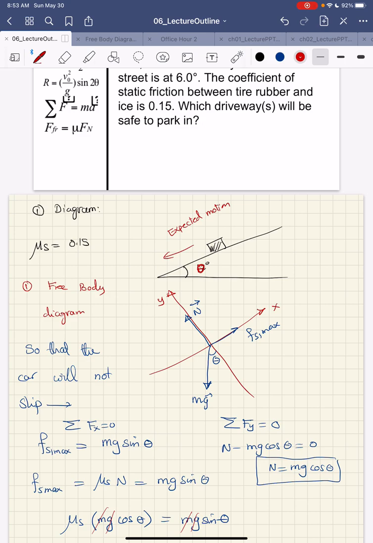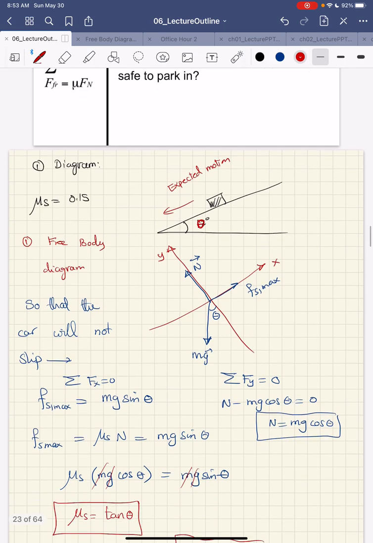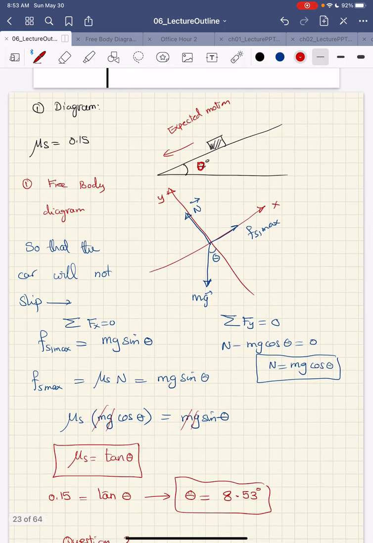Now I will say sigma Fx, Fs maximum should equal mg sine theta, and for the y, sigma Fy should equal 0. Normal minus mg cosine theta equals 0, then normal equals mg cosine theta. Now Fs maximum is going to be mu s times the normal, then I can plug in the values, and from that I can find that mu s should equal tan of the angle.